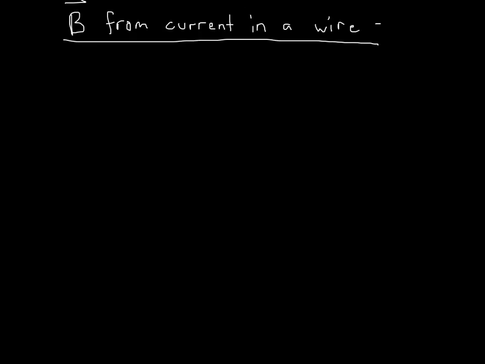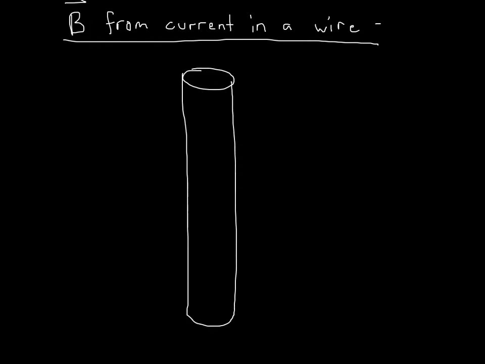So let's look at the magnetic field from a current in a wire. I draw a wire and I run some current through it. That current is moving charge. And we know that if we have moving charge, that creates magnetic fields.